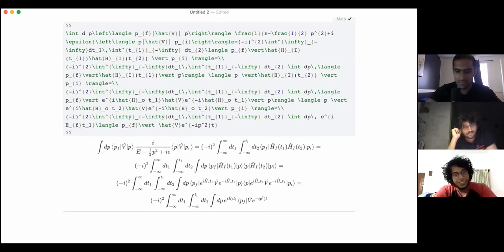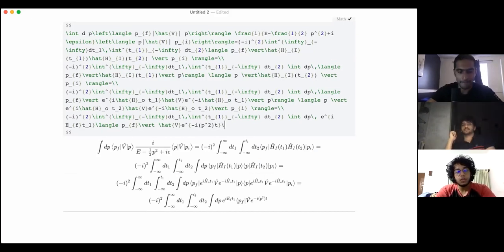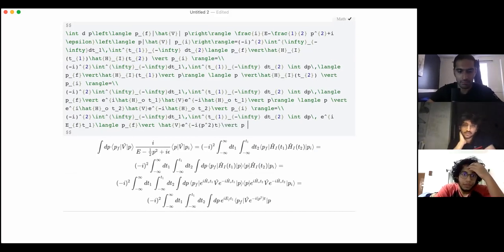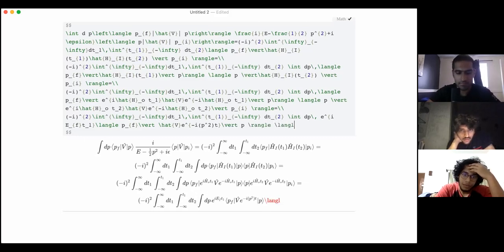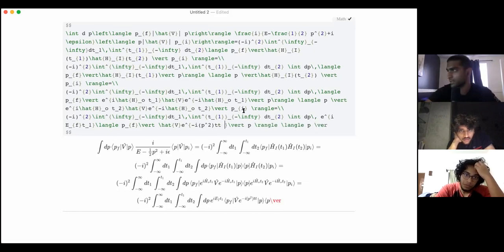So that's why I said let's keep this inside the momentum integral, because we're going to need it. Then you have p. But okay, so I just put t here irresponsibly. It's t1. Right?